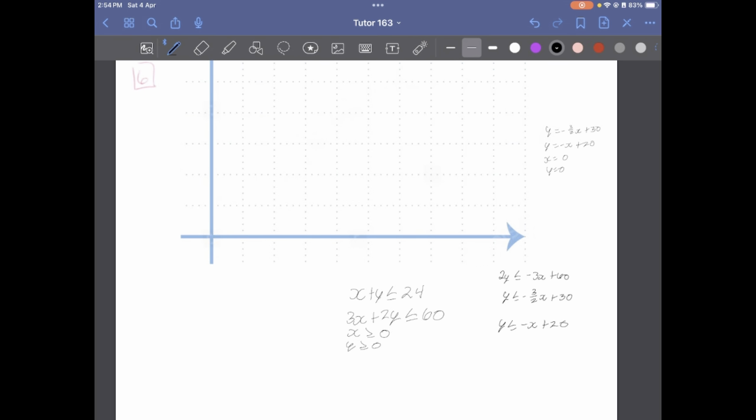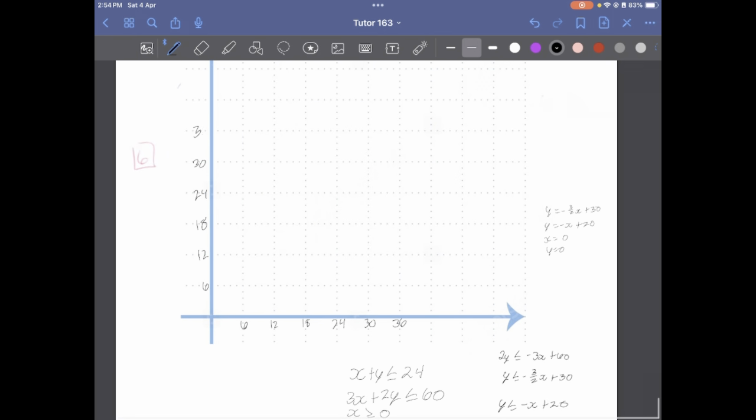So we're going to use 6, and they go up to 30. So we're going to use 6, 12, 18, 24, 30, and 36.